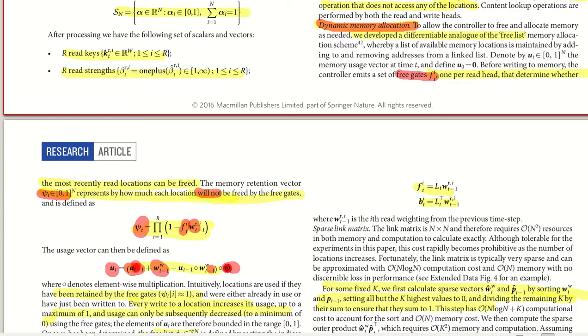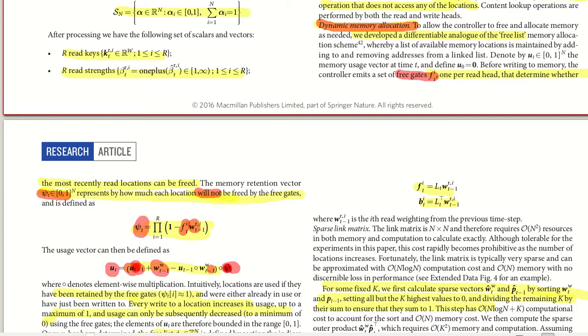If we just read in t-1 from that particular location, normally we would want to free that slot in our memory because we just read from it, and normally we don't need that information anymore. But we can also choose to maintain the information there. If it can be freed, f is going to be 1.